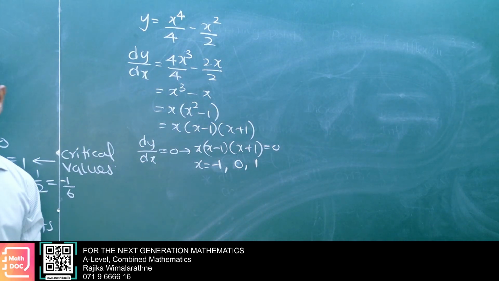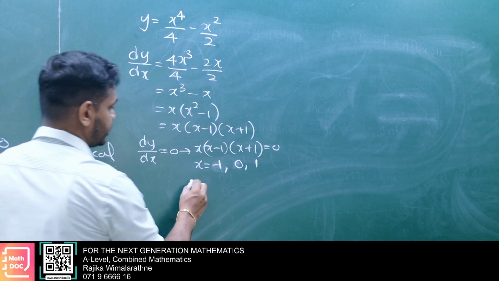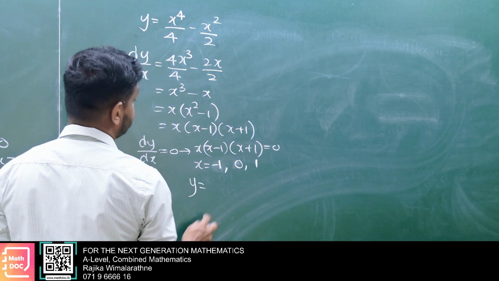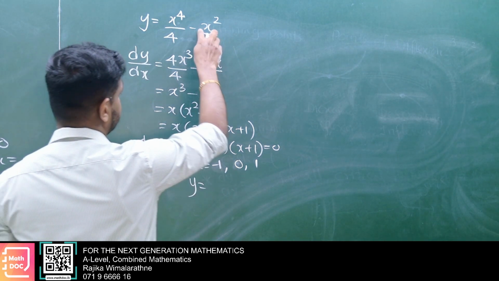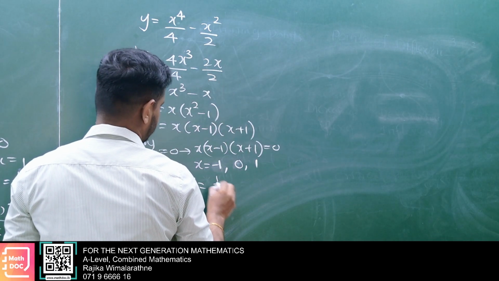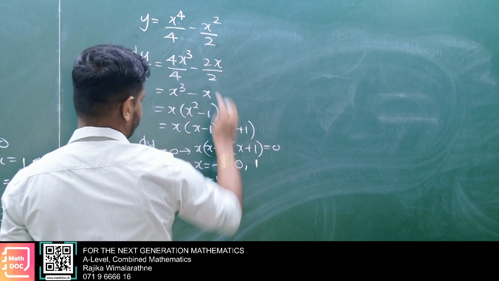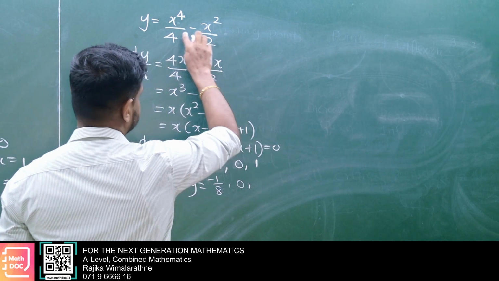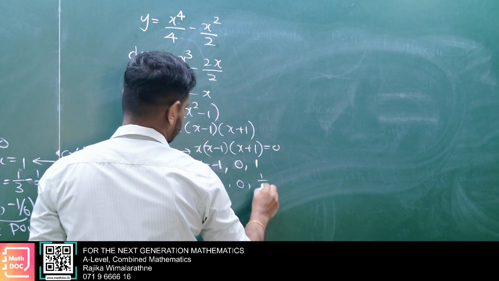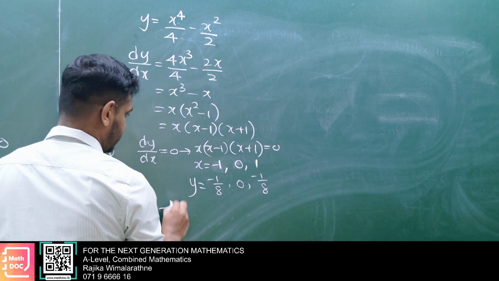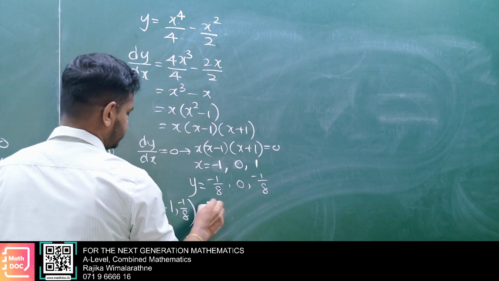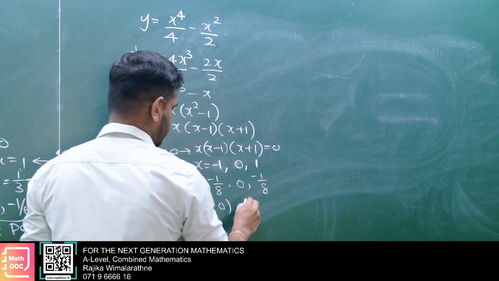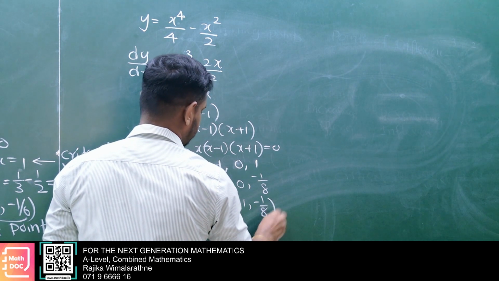Here we have 3 critical values. Then you check the corresponding y values. x equals minus 1: here 1/4 minus half, minus 1/8. x equals 0, y value 0. x equals 1, again minus 1/8. Then (minus 1, minus 1/8), (0, 0), (1, minus 1/8).